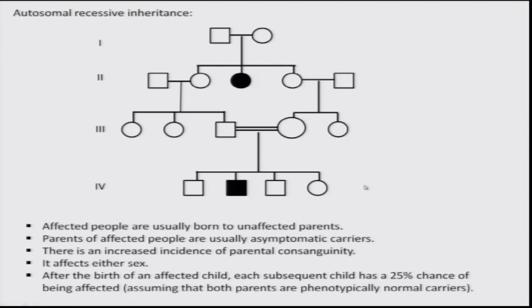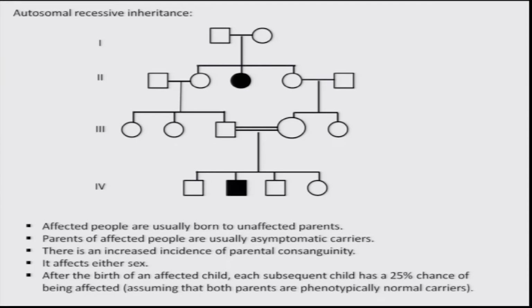After the birth, we are talking about, say, suppose this individual had the phenotype, and if they are planning for one more child, what is the probability that that child, the fifth one for example, would have the same phenotype? So after the birth of an affected child, each subsequent child has a 25% chance, because for you to have the phenotype, you have to have both alleles carrying the mutant forms of the gene, then only it would show.